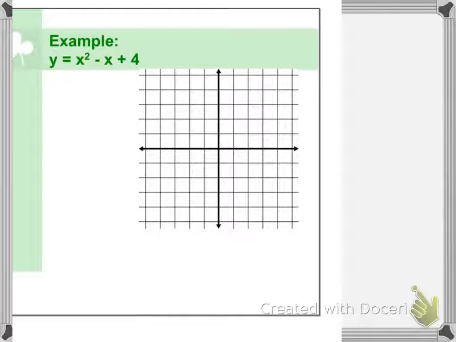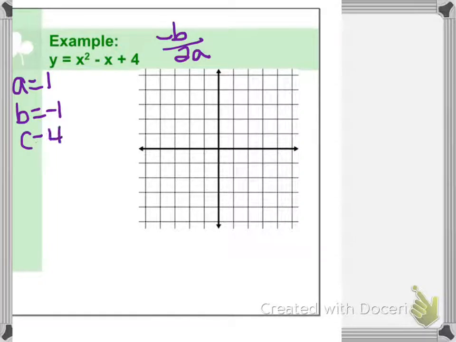So we have to solve this by graphing. The first point you have to find is the vertex. Remember when we did this, we had to find negative b over 2a. So a is 1, b is negative 1, and c is 4. Okay, all of those, remember, are from the numbers in front of my variables.